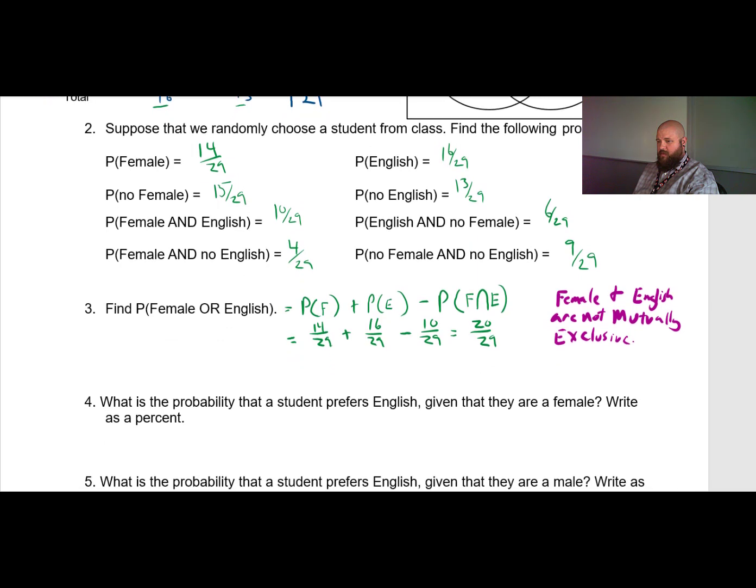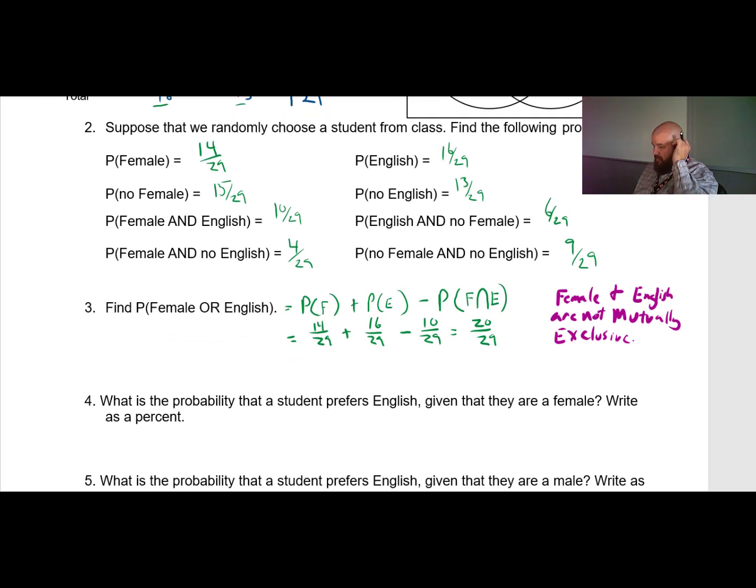So number 4 is asking, what is the probability that a student prefers English given that they are a female? Write as a percent. So we want to look at student prefers English given that they are a female. So we want probability they prefer English given they are a female.